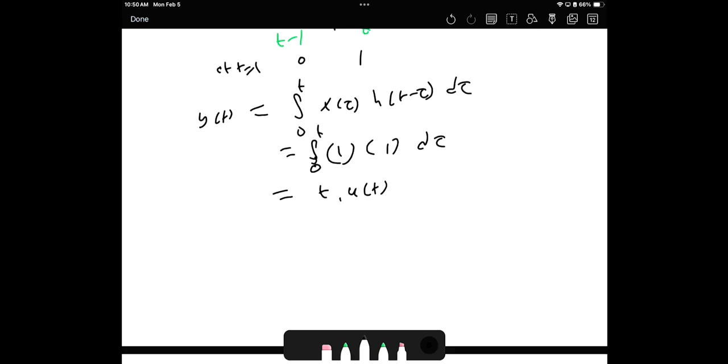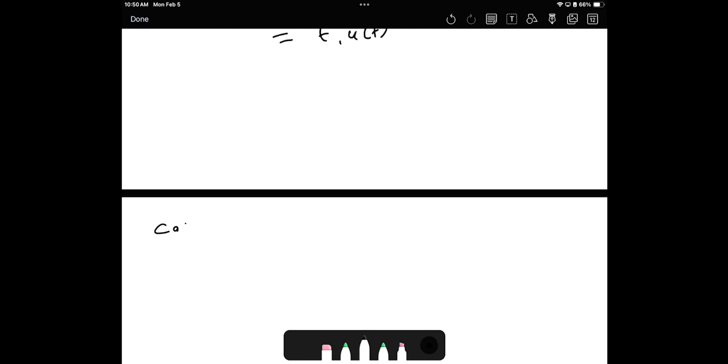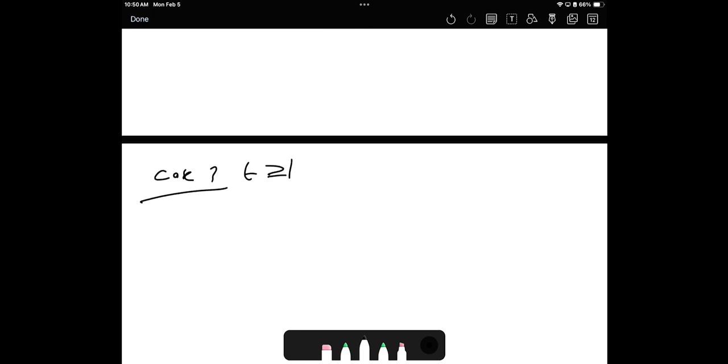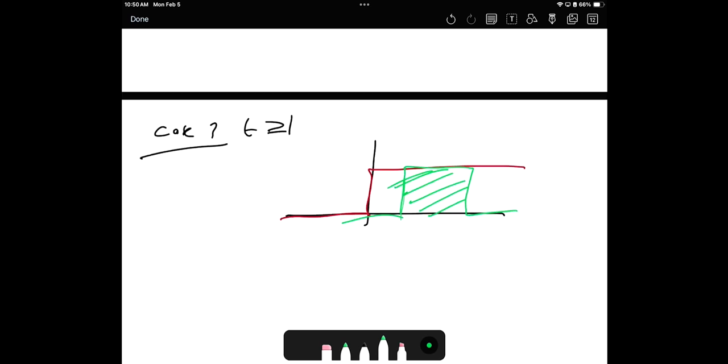Now the case number 3. When t is larger than or equal to 1, I'm going to plot x of tau like this, and we have h of t minus tau like this. So all of the area happens here. Here is h of t minus tau.